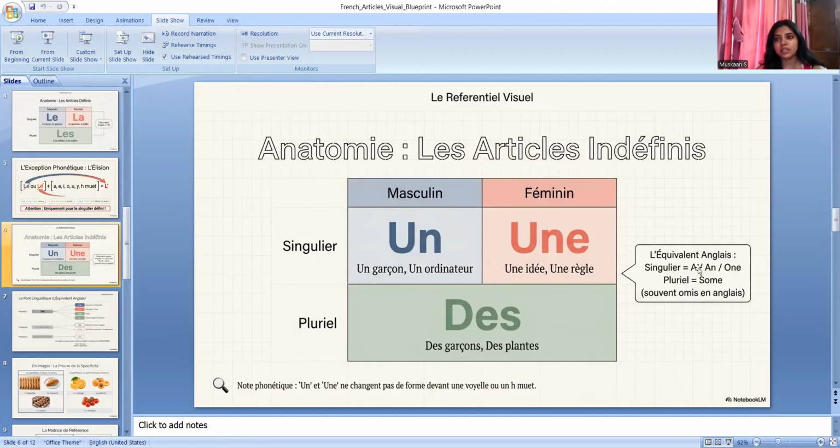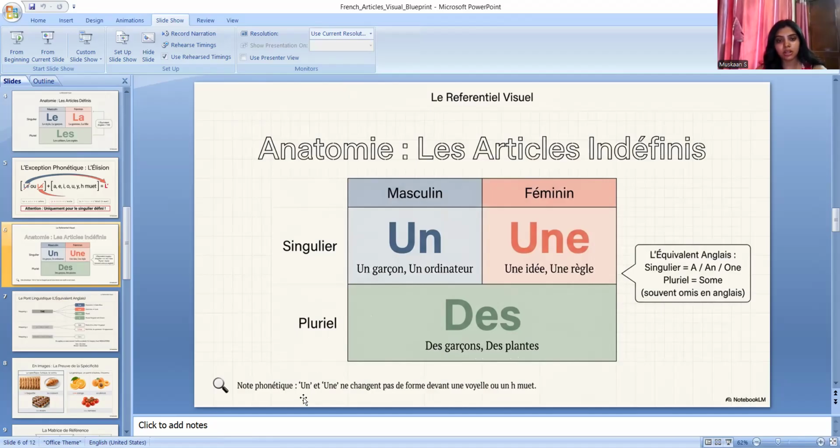Now you already know that indefinite articles are a and an. Plural is des, which means "some" or no word. We don't use much of this plural form of articles in English, but in French it is obligatoire, it is necessary. In plural, we are using des garçons, des plantes. Like I've said here, there is as such no vowel form in this article.